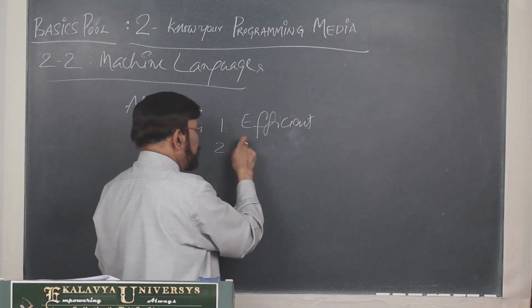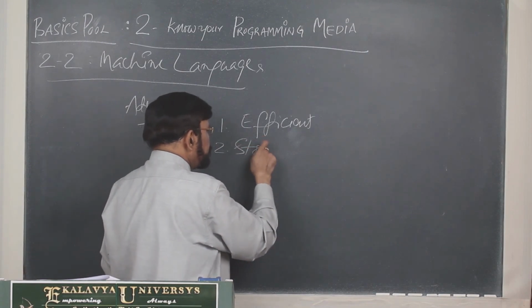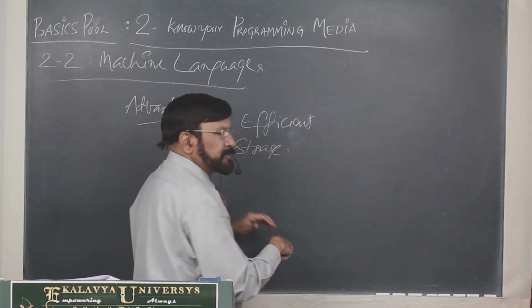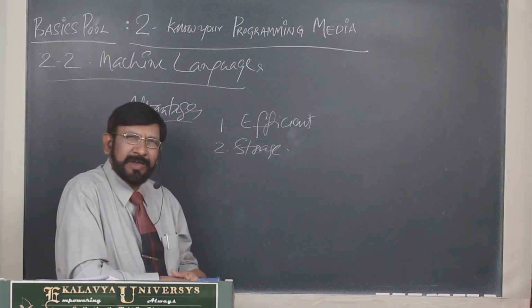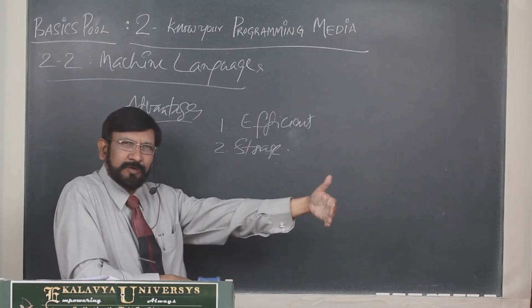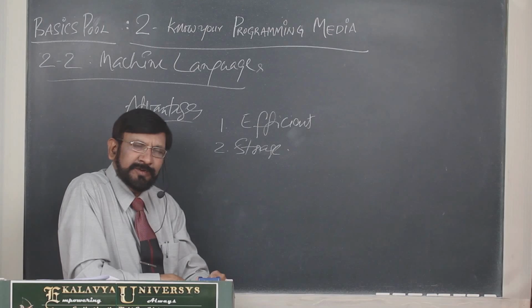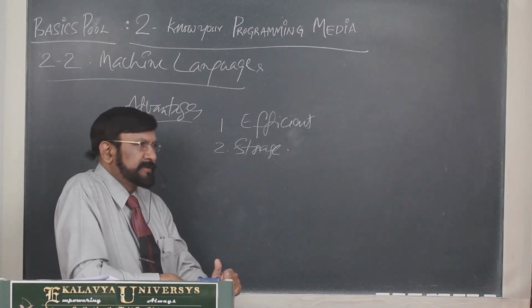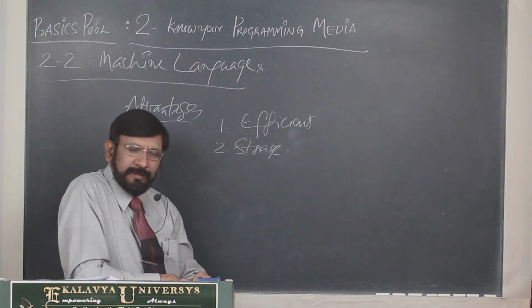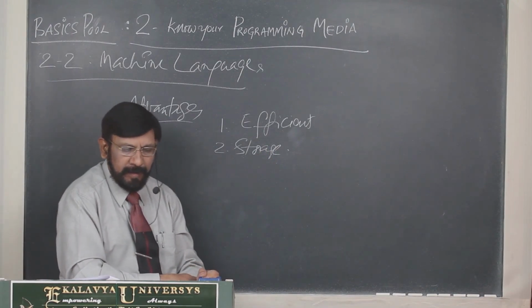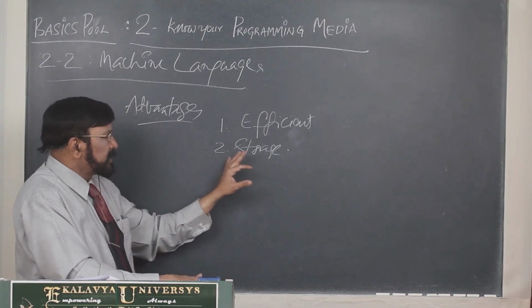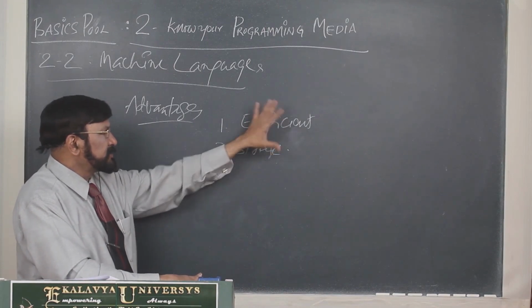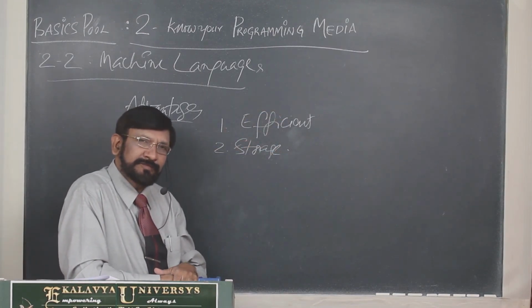And second one, storage. The storage is very economical. Actually, directly you can store the data in bit patterns and all that. That's why it takes lesser storage. That is the basic feature of that. These are the basic advantages of the machine language.